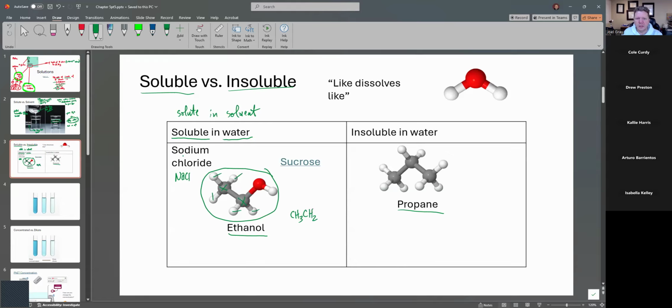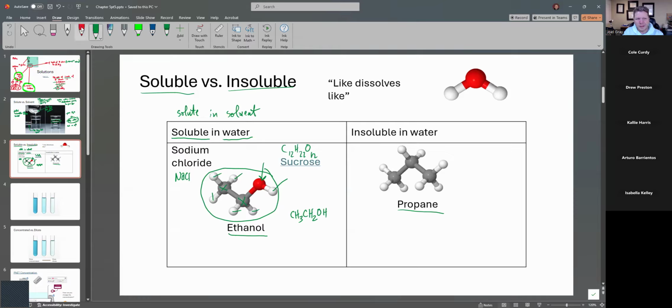So CH3, CH2, and then this red ball represents an oxygen, and this white represents a hydrogen. So CH3CH2OH is ethanol. Now, sucrose, I don't need you to worry about, because that's something like C12H22O12. But again, don't worry about that.